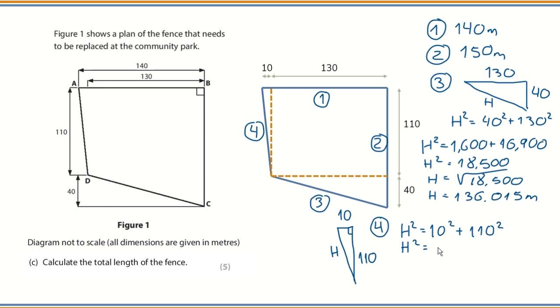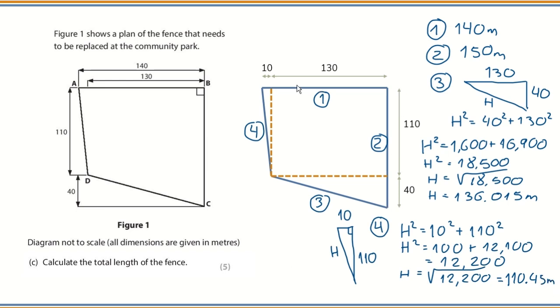Hypotenuse square equals 100 plus 12,100. And this is 12,200. H will be the square root of this number, and this equals 110.45 meters.